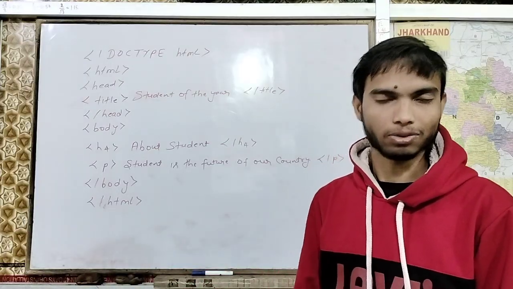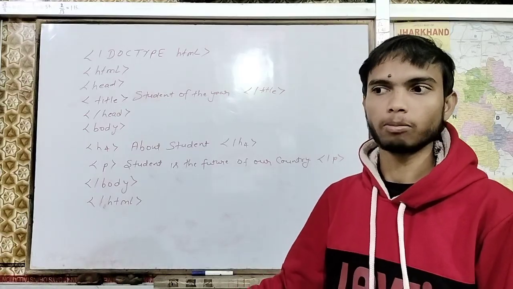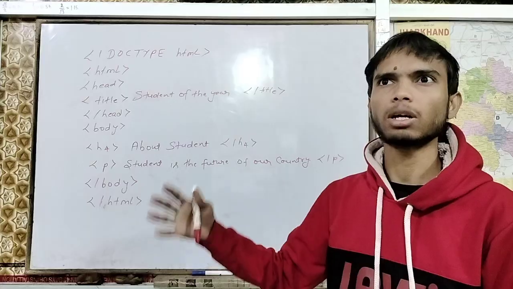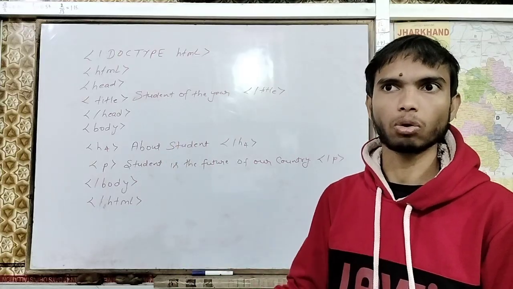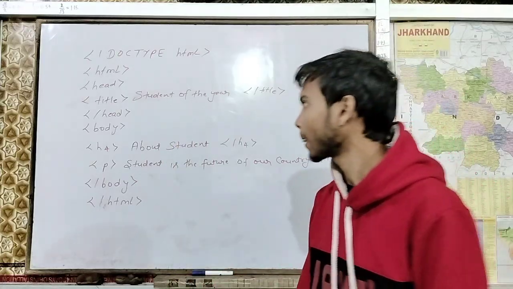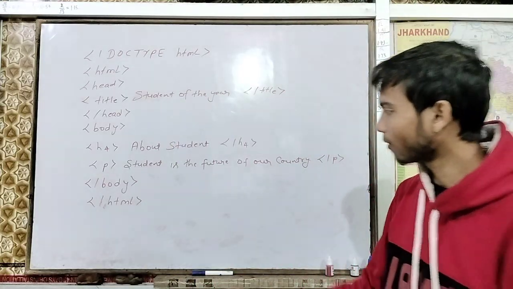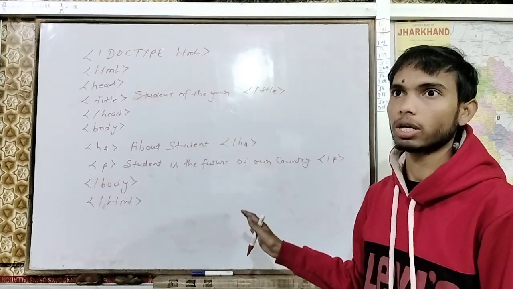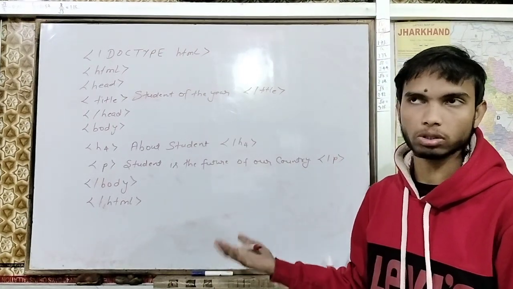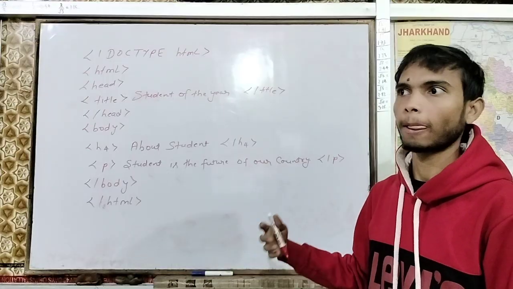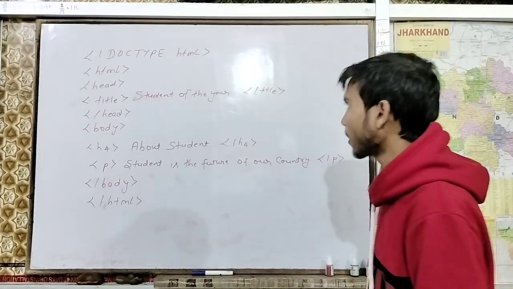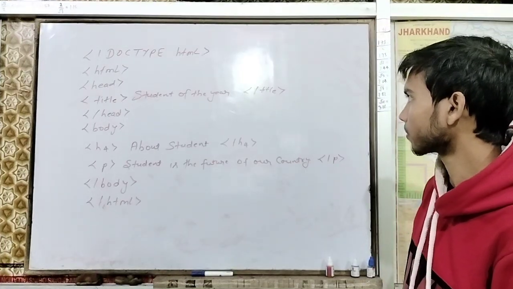We will see attributes, but before we jump into the discussion of attributes, let's see the basics, the elements of HTML. Don't worry, we will also talk about images, SRC, which is source, then link, href. All this will be discussed one by one.